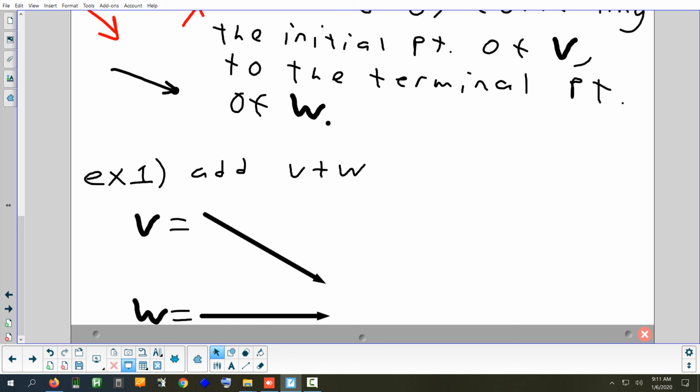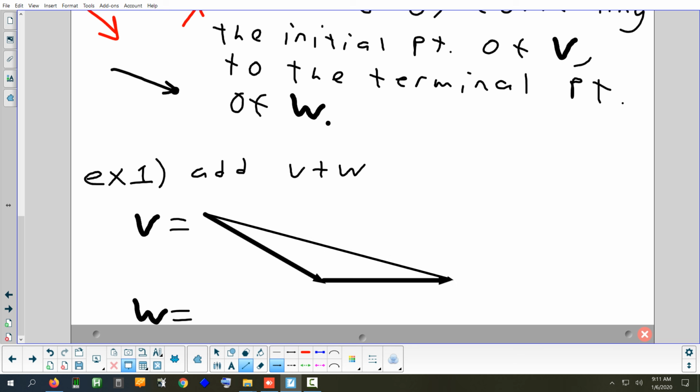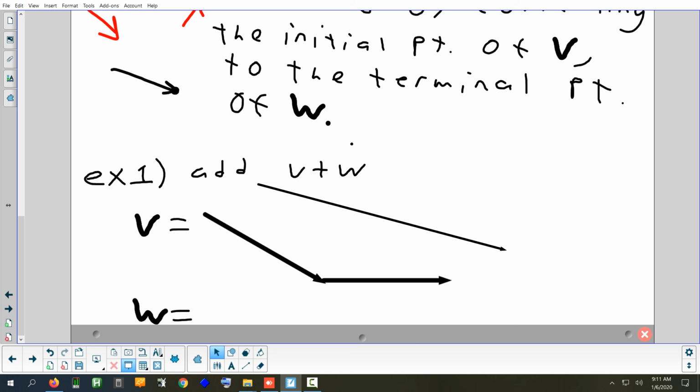So this one says to add V plus W. All we got to do to add them up. Start like that. So now that's V. The horizontal is W. And now connect where we started to the end. And that is V plus W.